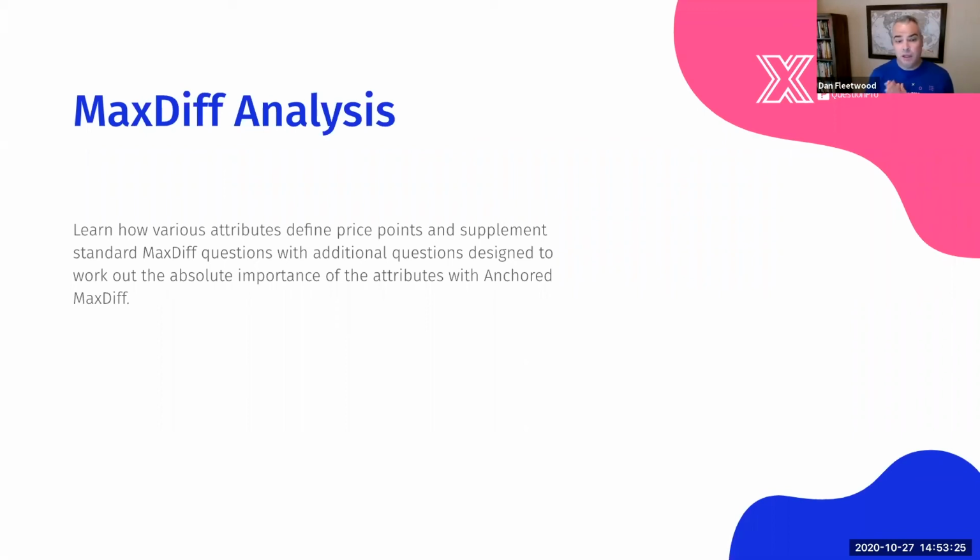If you think about MaxDiff in itself, it's a relative model, but I think Anchored MaxDiff really takes it to more of an absolute model. So really, Anchored MaxDiff experiments supplement standard MaxDiff. You would still do your MaxDiff question, you do Anchored MaxDiff in addition to it, but then you have an additional question to determine the absolute importance.